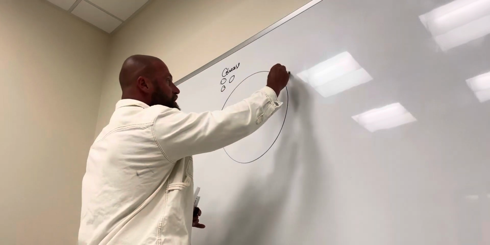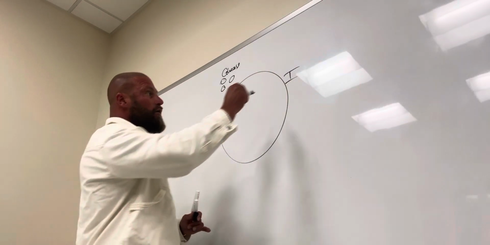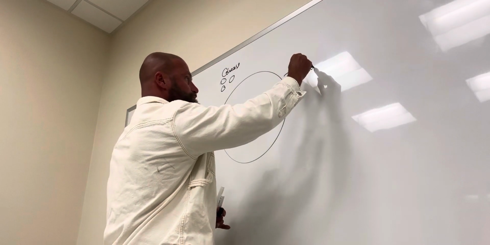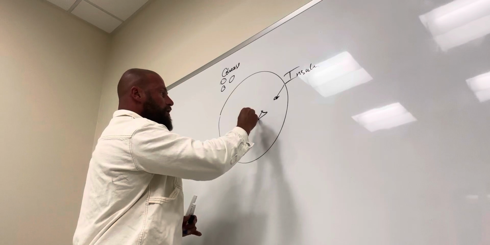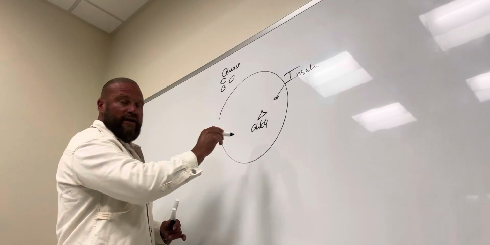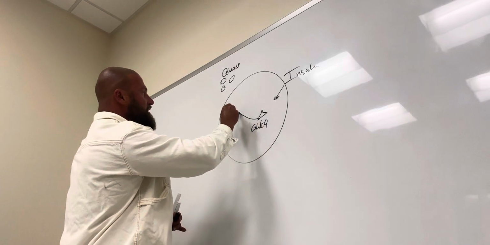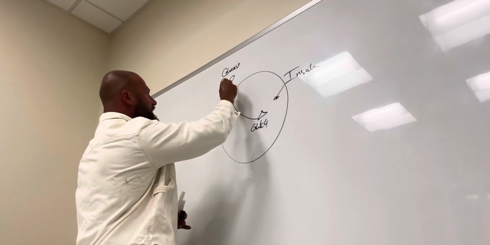Okay, so first, once we eat carbohydrates, our pancreas will release insulin, and insulin will activate a molecule called GLUT4. And this GLUT4, upon activation, will travel to the cell membrane and open a gate.